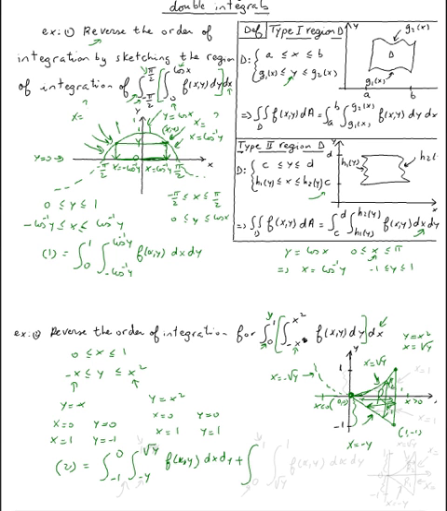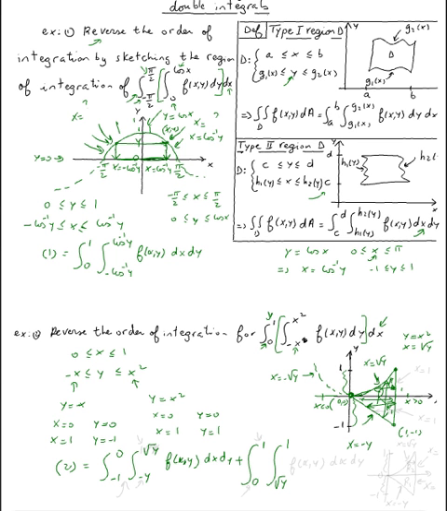Plus, now for region R2, I need to go from 0 to 1. So the y goes from 0 to 1. But the x goes from square root of y to... Oops, by the way, did I mess up on that one? Anyway, let me put that one from square root of y to 1.